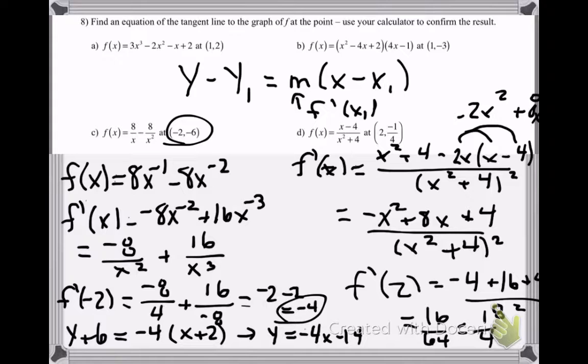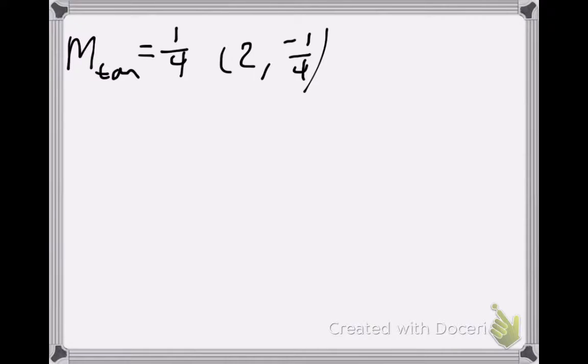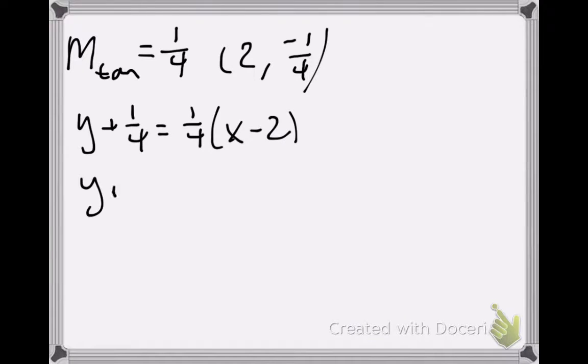Okay, let me just add another page here because I'm running a little bit low on space. So we know that the slope of the tangent line from the last page was 1/4. And the point that we're using is 2 comma negative 1/4. So we're just writing the equation of a line with that slope that goes through the given point. So we have y plus 1/4 equals 1/4 times x minus 2.